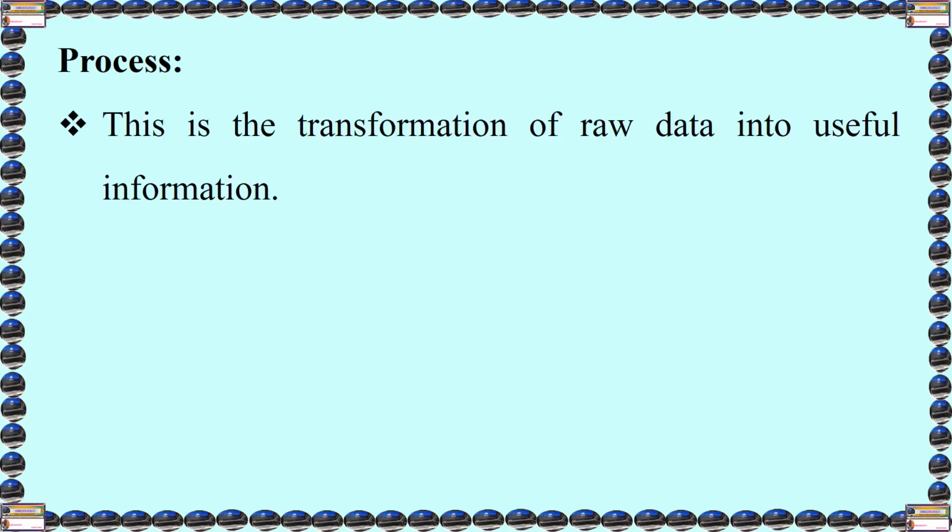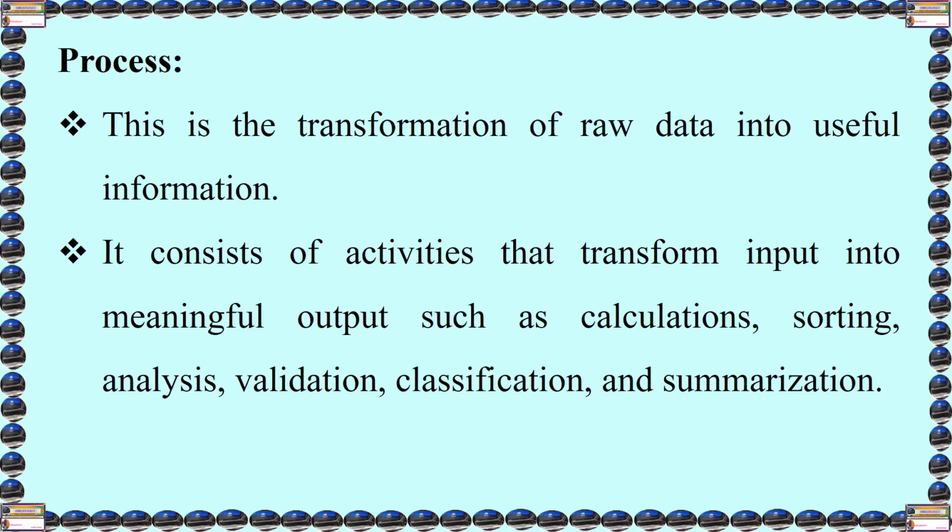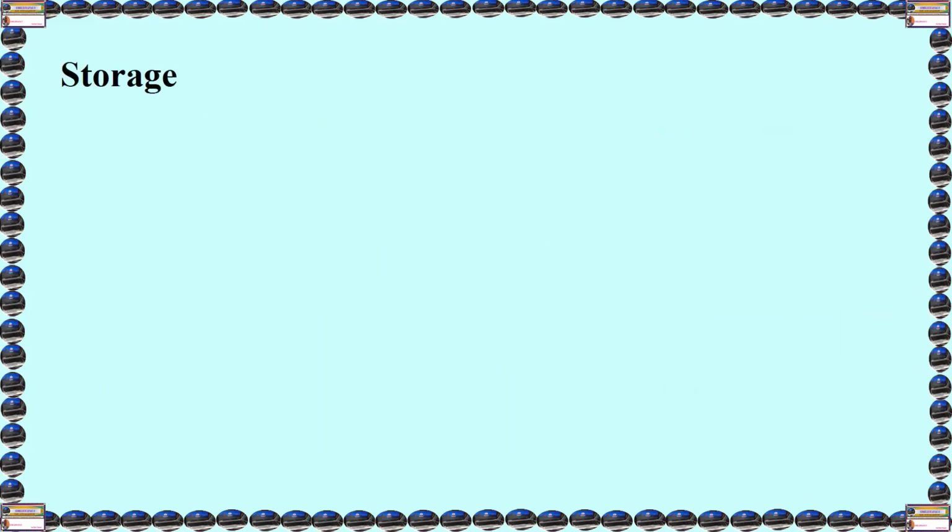What about the process? So, process is the transformation of raw data into useful information. It consists of activities that transform input into meaningful output, such as calculations, sorting, analysis, validation, classification, and summarization.